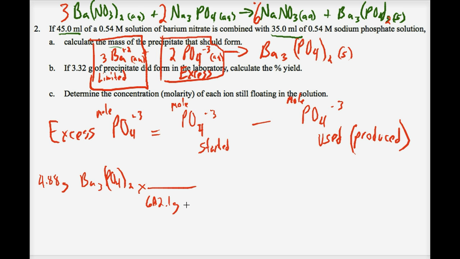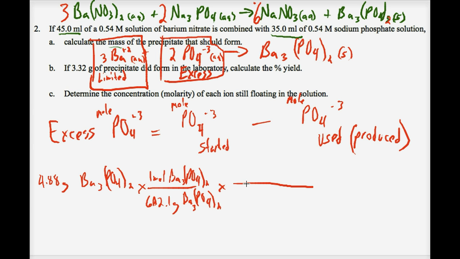602.1 grams of Ba3(PO4)2 in 1 mole of Ba3(PO4)2. And again, this is going to be the phosphate used.